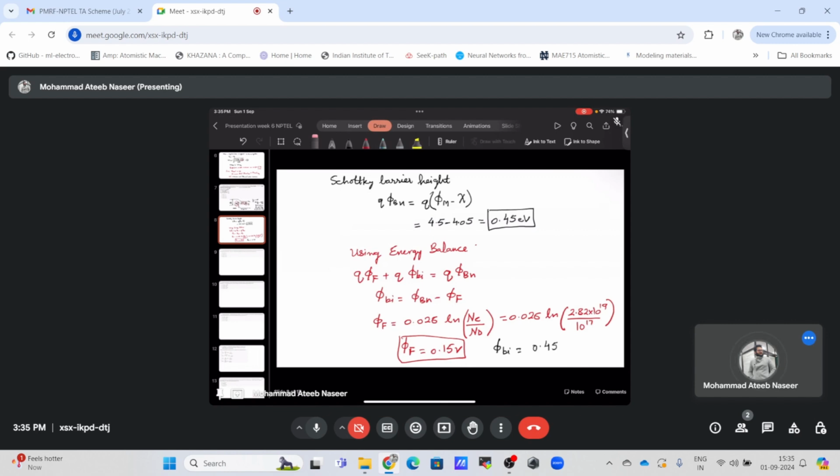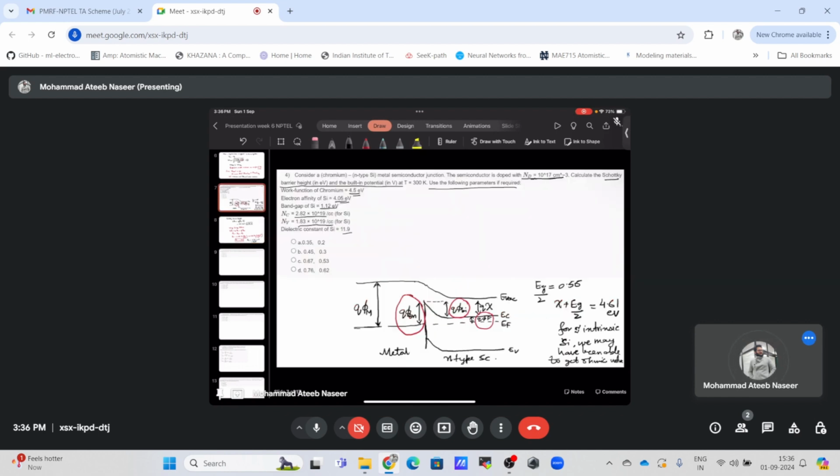It should be volts. So it is 0.3. So the built-in potential is simply 0.3 and the Schottky barrier is 0.45. So 0.45 and 0.3 is the required answer.